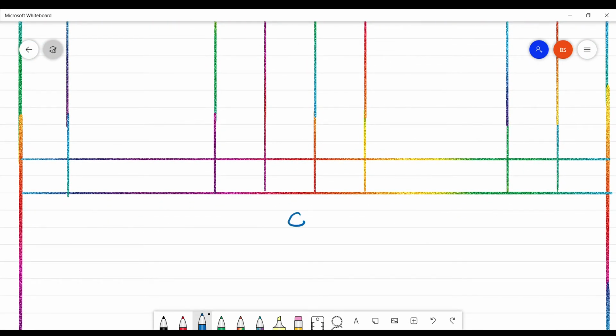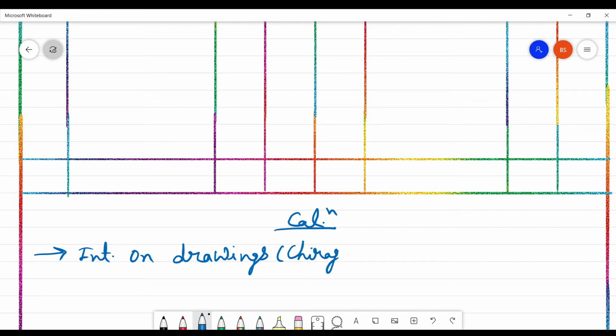So we will make the calculation of interest on drawings for Chirag. The financial year ends on 31st March 2017, which means 3 months of interest is calculated on Chirag's drawings.